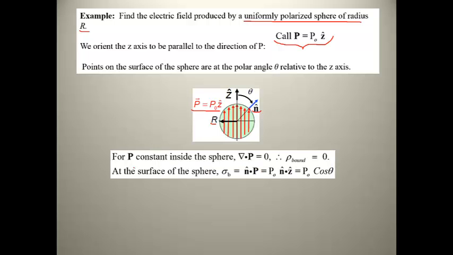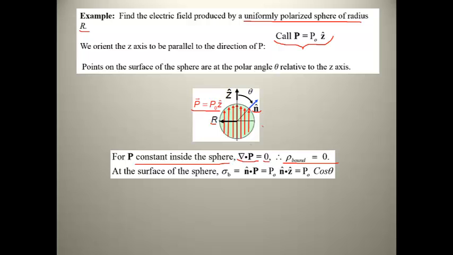So for P constant inside the sphere, anywhere in here where we have a P0 Z hat, the divergence of that is equal to 0. So that means that the bound charge density is equal to 0.